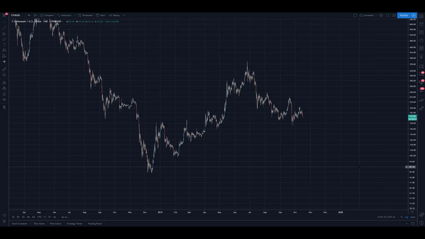I'd like to share with you some analytical aspects for Ethereum. Since December of 2018, just like Bitcoin and many other altcoins, 5 distinct waves, an impulse wave, was placed.